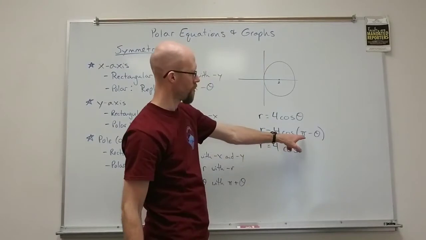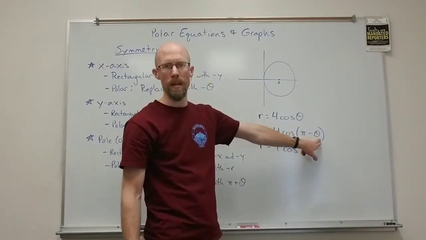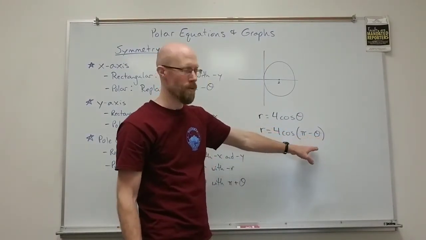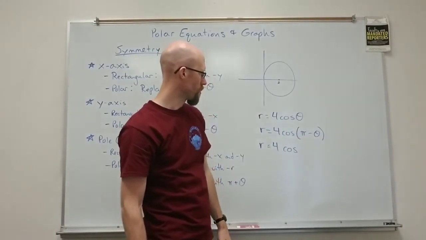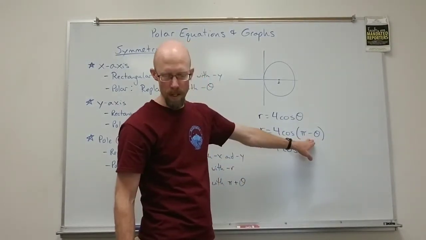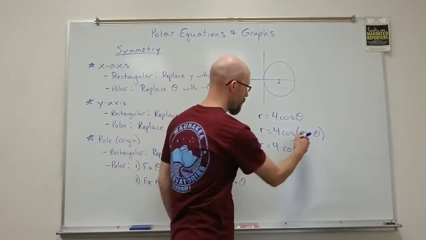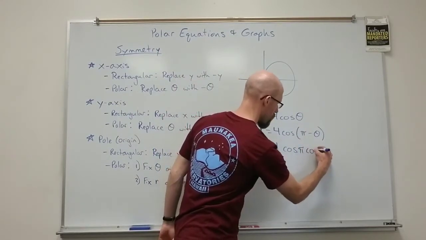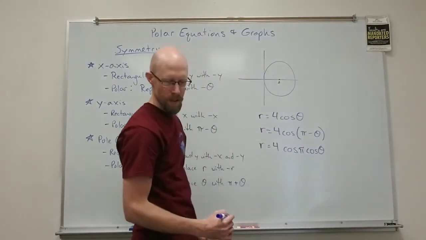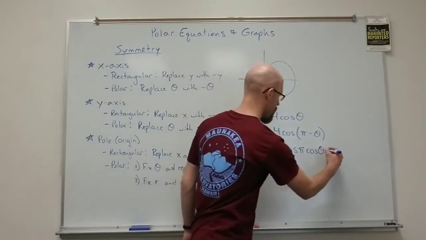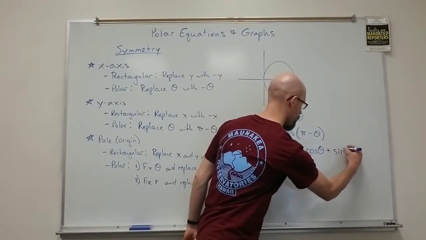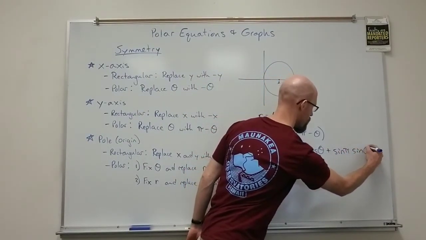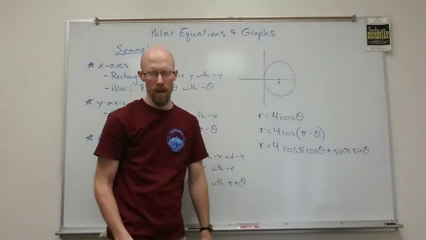The cosine of, if you think of this as alpha minus beta, or x minus y, the difference formula is the cosine of the first angle times the cosine of the second angle, plus the sine of the first angle times the sine of the second angle, okay?